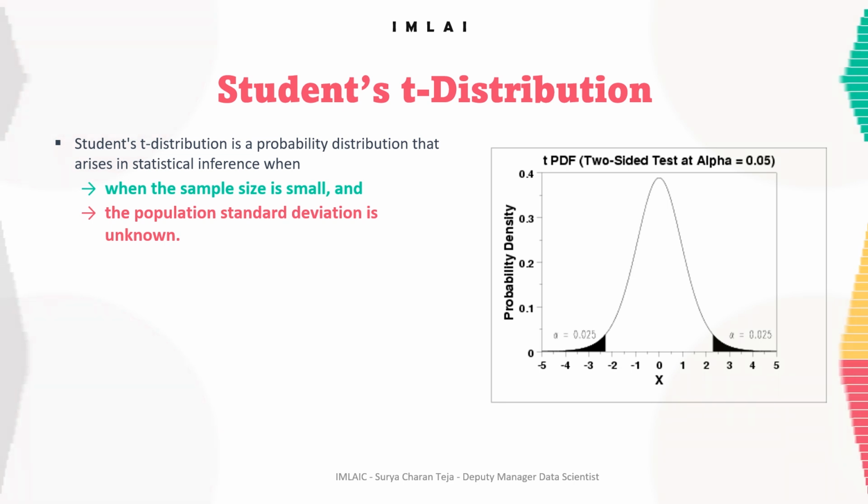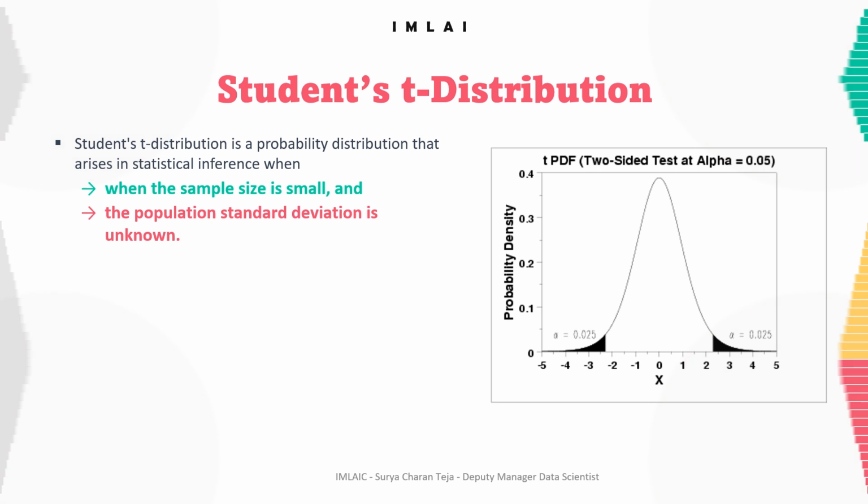So that's the reason most of the cases you will not have the population standard deviation, and the Student's T distribution would be used widely. It is used to perform hypothesis testing and construct confidence intervals for the mean of a population.